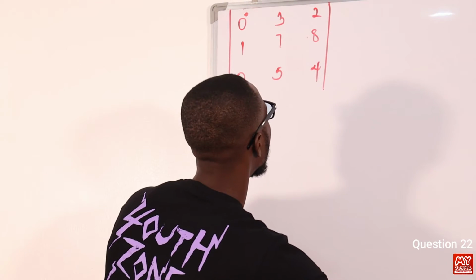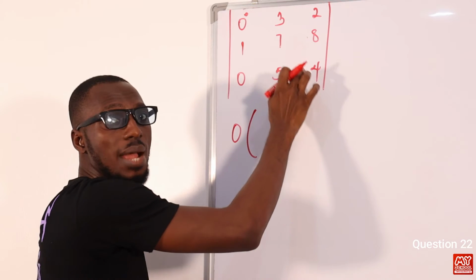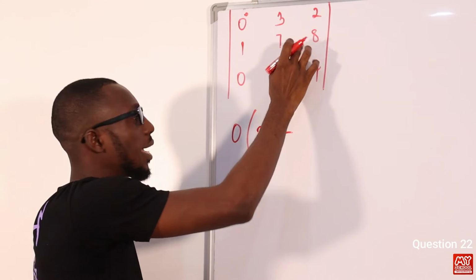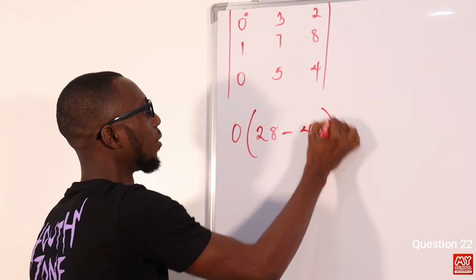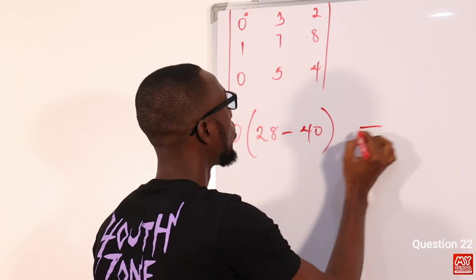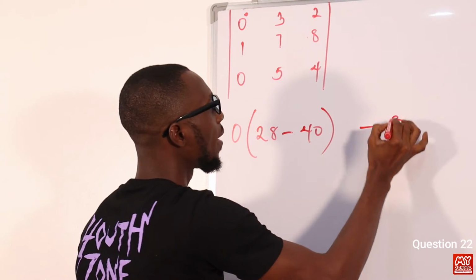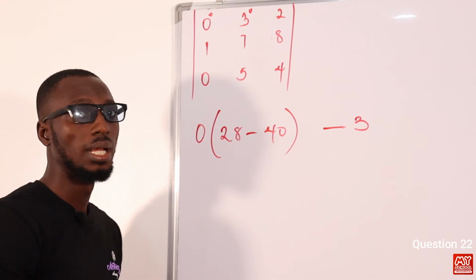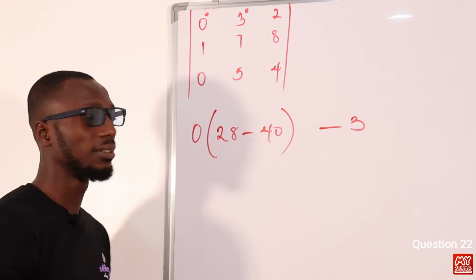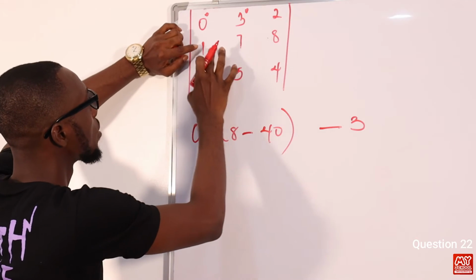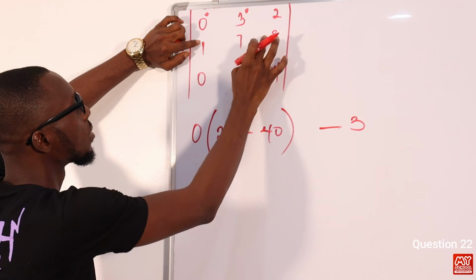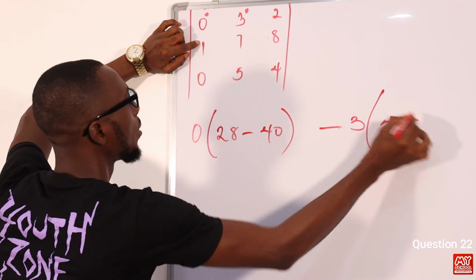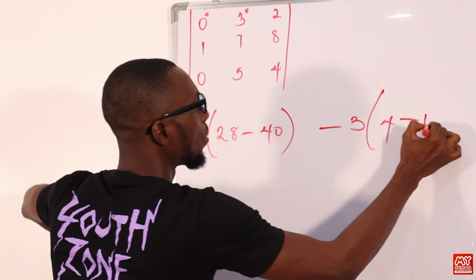So that will be 7 times 4, that is 28, minus 5 times 8, that is 40. For the next one, it will be minus. Remember, whatever column you are working on, the remaining rows will be covered. So we are excluding this, and we have this and this to this. That is 1 times 4, that is 4, minus 0 times 8, that is 0.